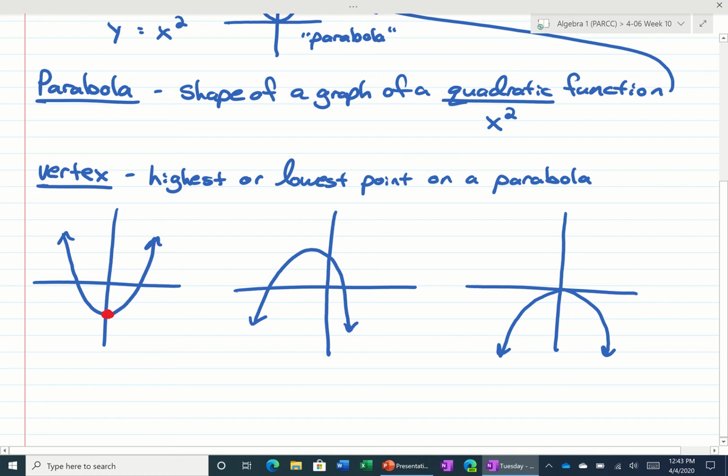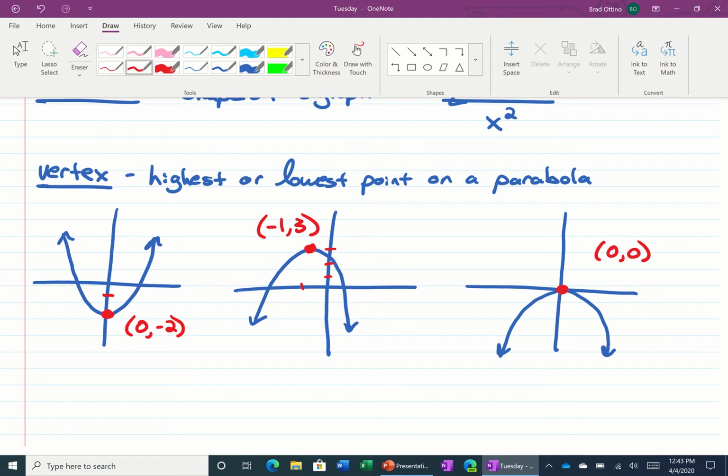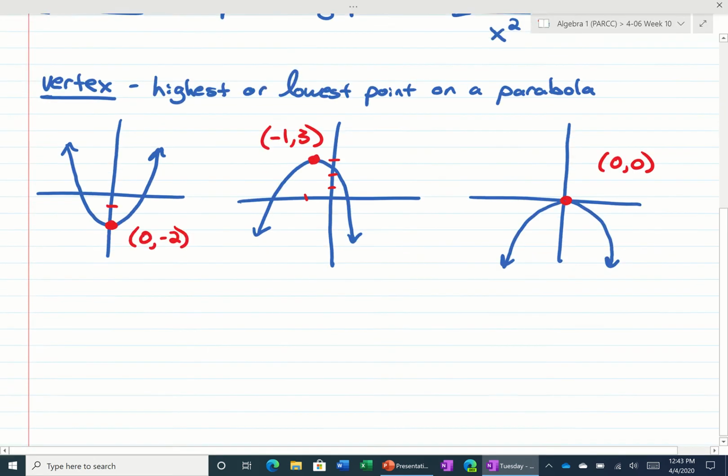So right here, this would be the vertex that might have the coordinates 0, -2. This parabola might have the vertex right here. That vertex is -1, 3. And this vertex for this third parabola would be at 0, 0. Vertex just represents the highest or the lowest point on a parabola.